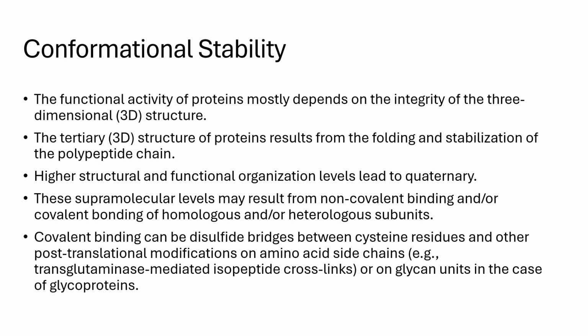Covalent binding can be a disulfide bridge between cysteine residues and other post-translational modifications on amino acids, transglutaminase-mediated isopeptide crosslinks, or on the glycan units in the case of glycoproteins.